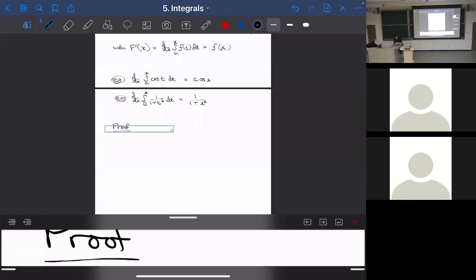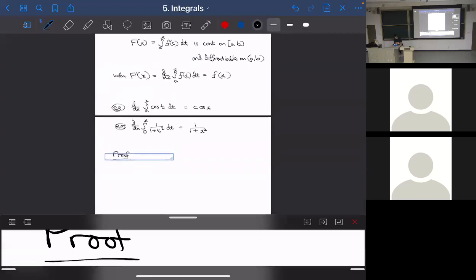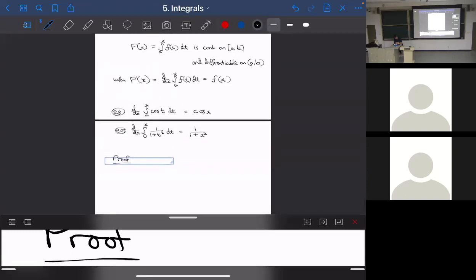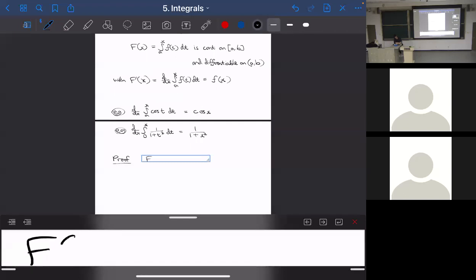So proof. So we have this definition of big F of x, and we want to work out the derivative of this big F of x. So remember that the derivative was a limit, and the top part of that thing that you were taking the limit of was this.